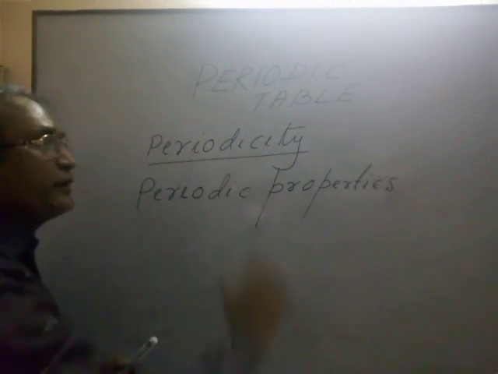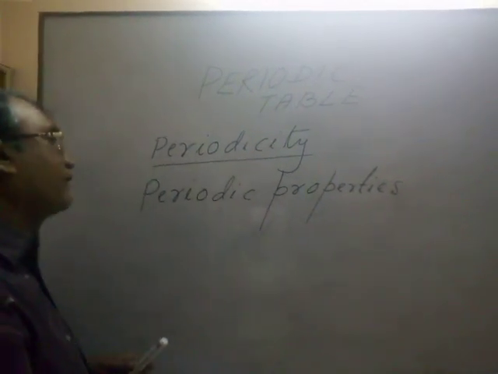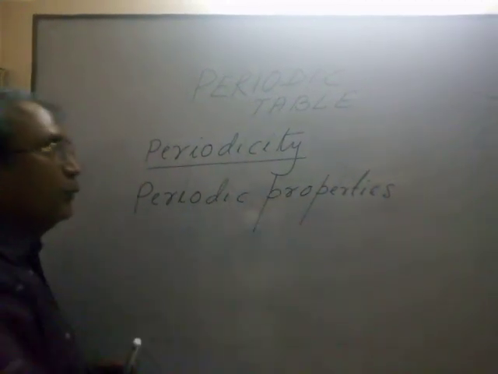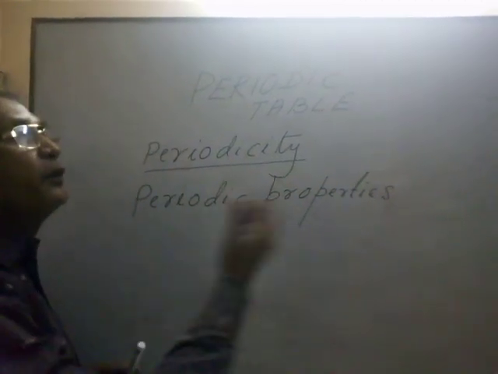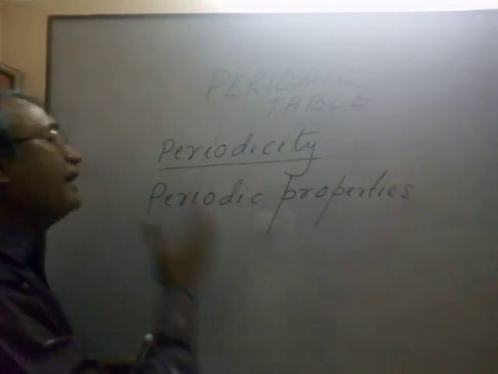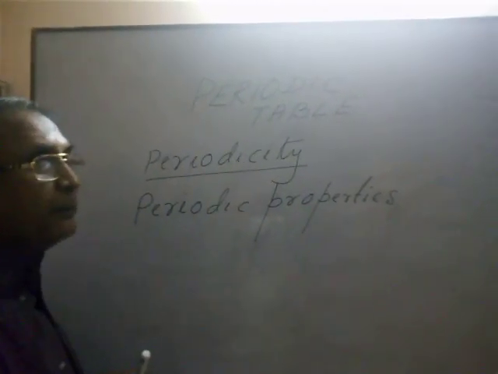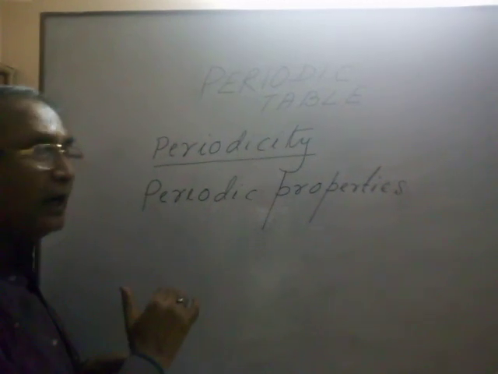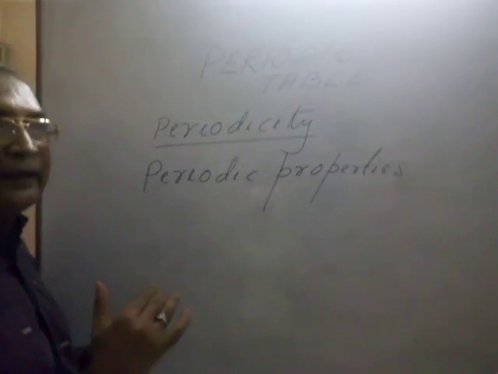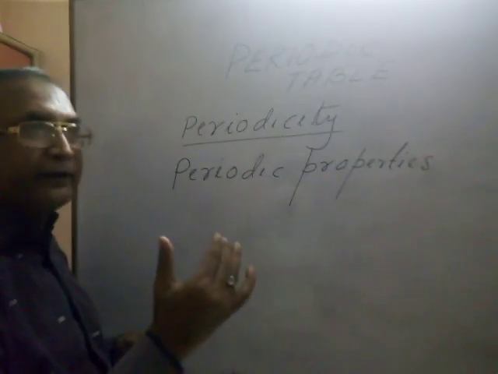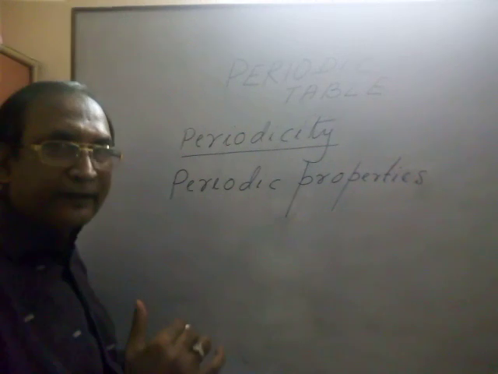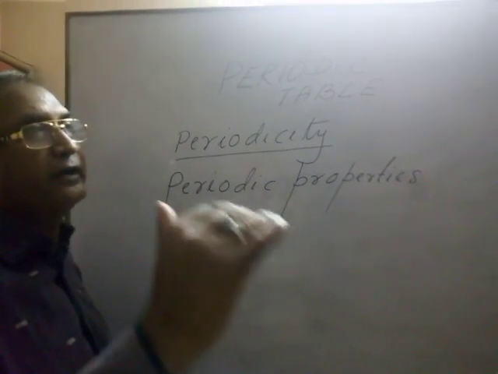So if anyone asks you what are periodic properties, then your answer will be: periodic properties are those properties which vary across a period and down a group and will repeat after certain interval.